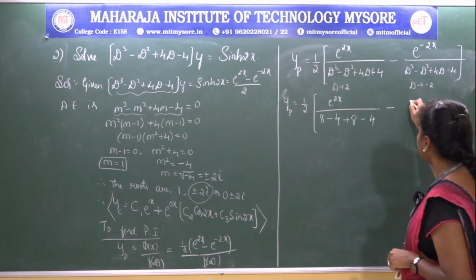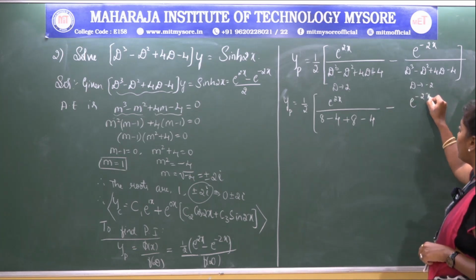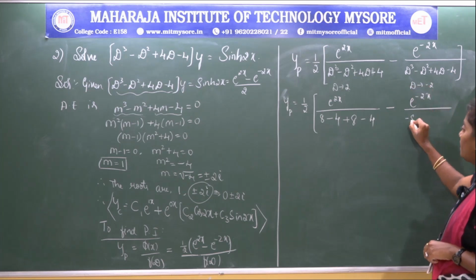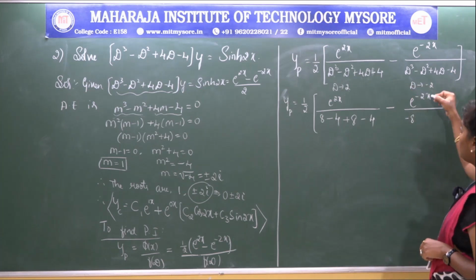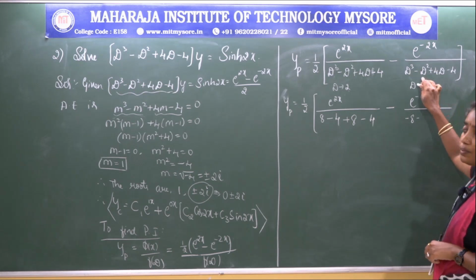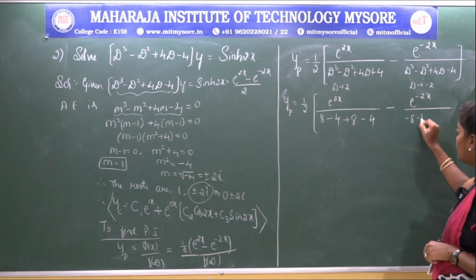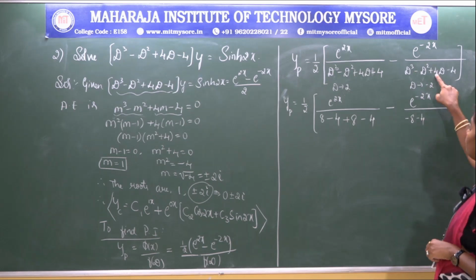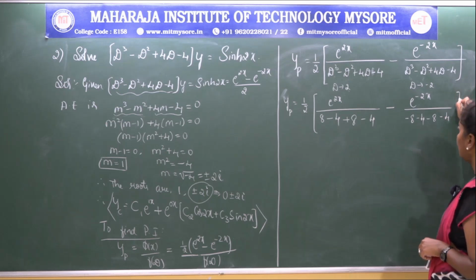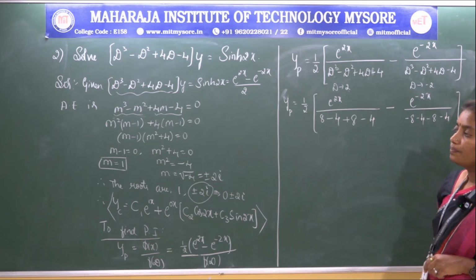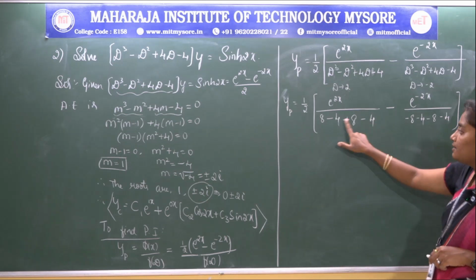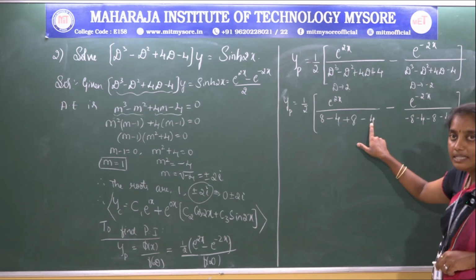In the second term, we get e power of minus 2x divided by minus 2 whole cube is minus 8, minus 2 whole square is plus 4, plus into minus we get minus 4, 4 into minus 2, that is minus 8, and again minus 4. So on simplifying this, we get minus 4, that is minus 8.